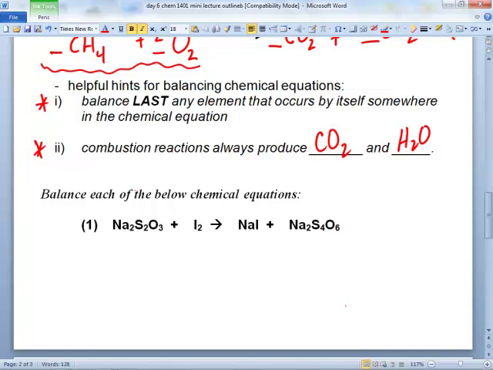There are 2 NAs to the left. Yeah, okay, good. There's 2 NAs here. And how many NAs on the 3? Right? So it's messed up. Did everybody see that? It does need balancing. We can't just all of a sudden pop up with a sodium atom. Okay, that can't happen.